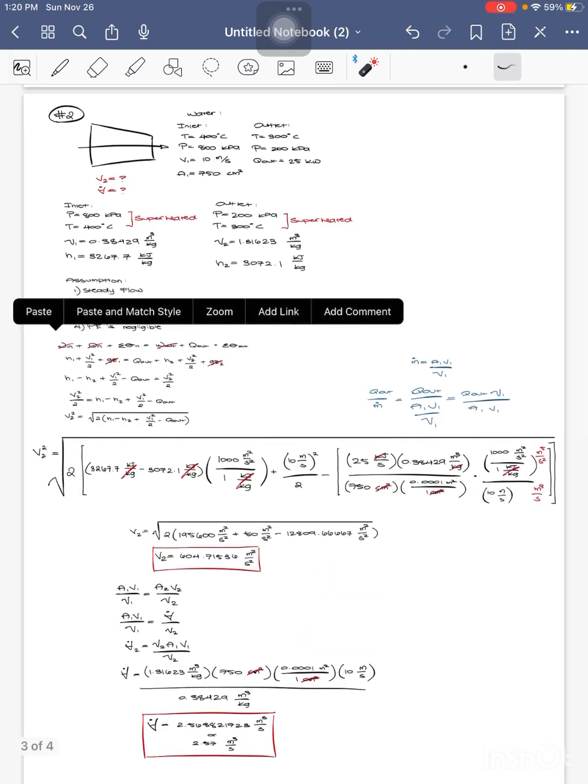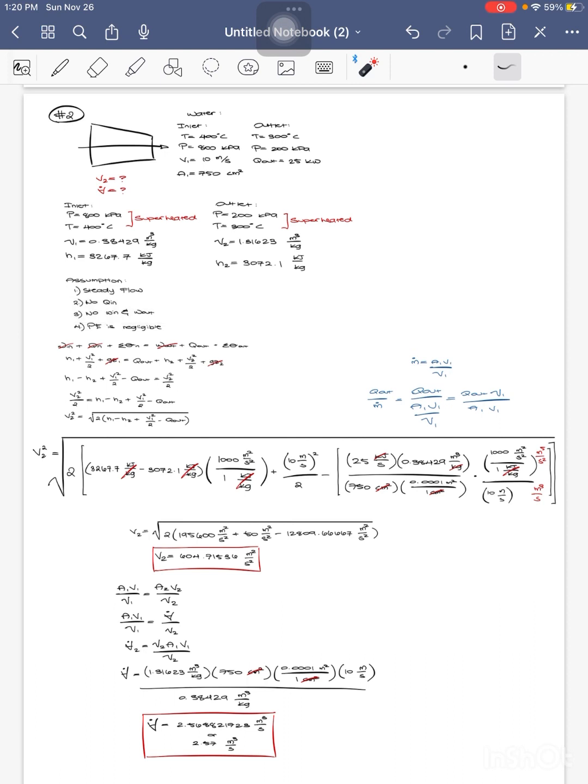So for our second question, we have steam or saturated water again, and these are the givens for inlet and outlet. First I determined whether the inlet pressure and temperature are superheated, compressed, or LV mixture.